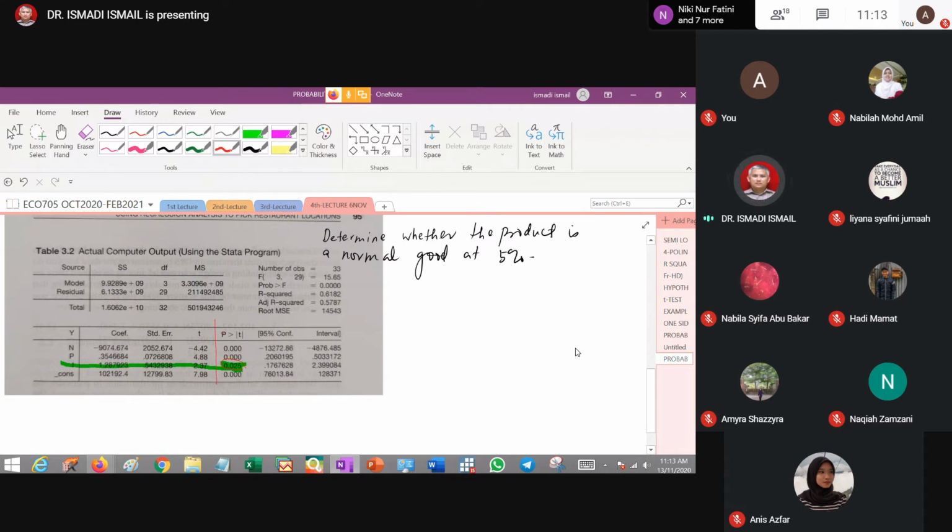Here, remember that the given p-values here are based on two-sided.